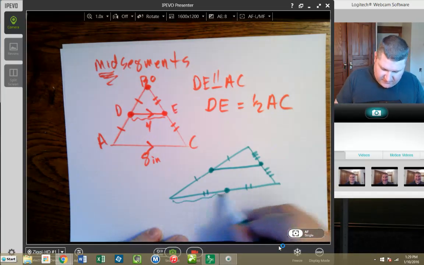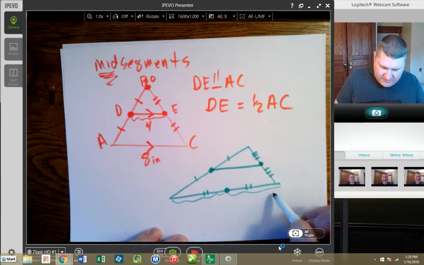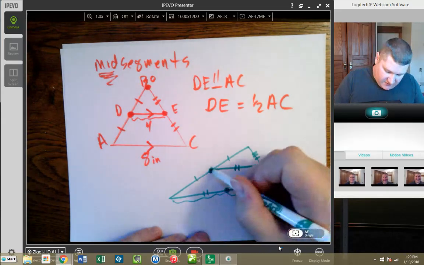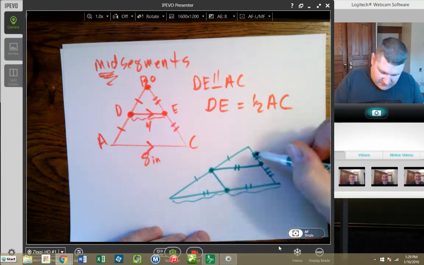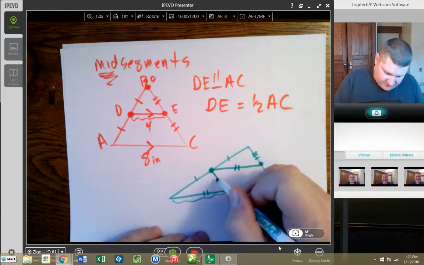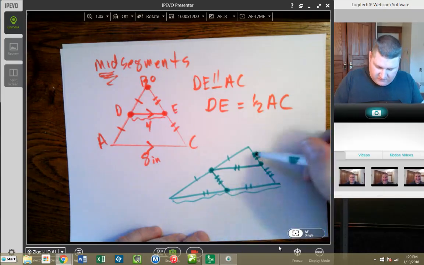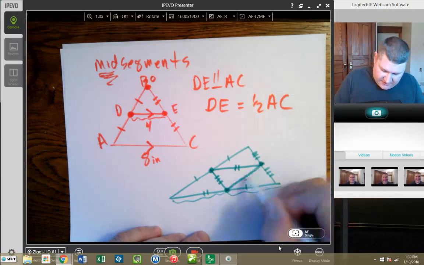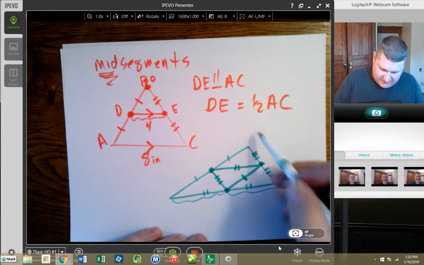Well, if this one is a 2 and a 2, but there's two of them, that means this is a 2 all by itself. If I draw this midsegment in, this is 1, 2, 3, 1, 2, 3, but it's half as big, so it's just 1, 2, 3. So instead of two of them, there's one of them. And finally over here, I have a single because half of this is this.